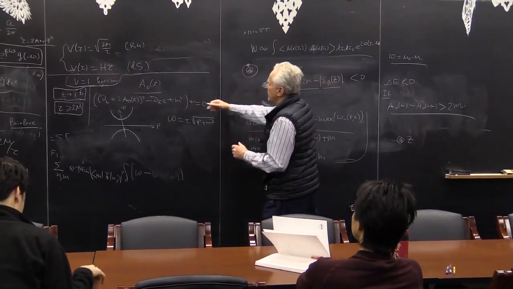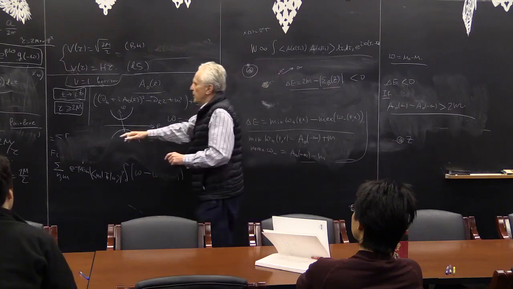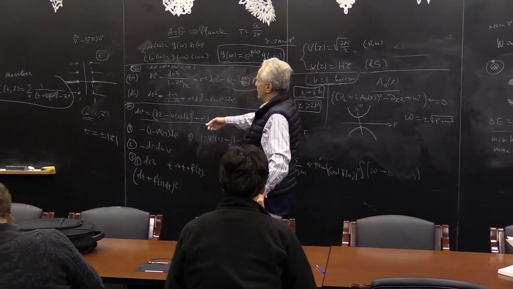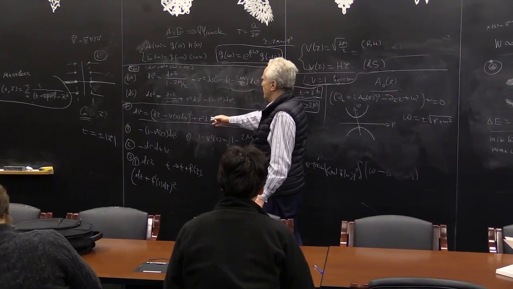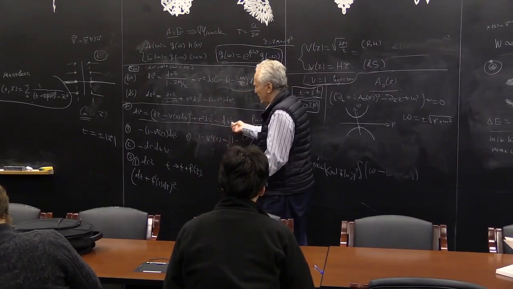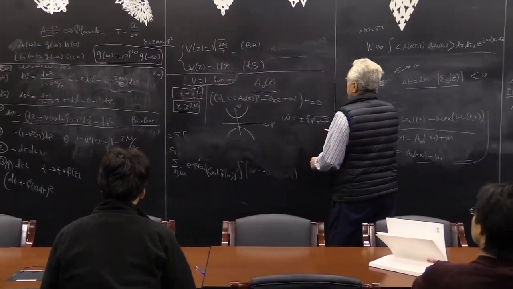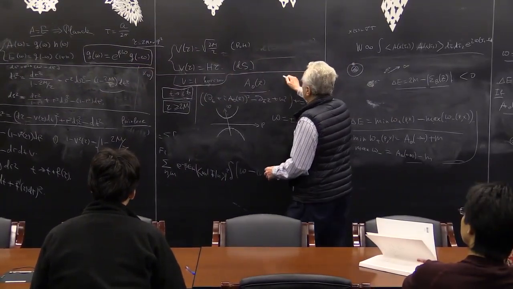Now the last point is that if we look at this metric, it's very easy, and again it's considered as an exercise, to write down the Klein-Gordon equation in this metric and to derive the analog of this.